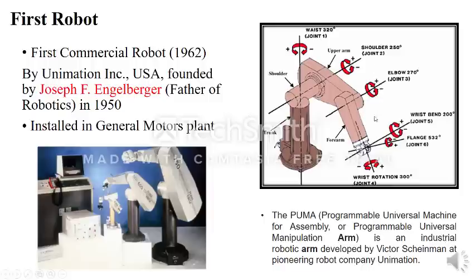We call this robot a Puma robot. What does Puma mean? It's a programmable universal machine for assembly. P for programmable, U for universal, M for machine and A for assembly. So this is called programmable universal machine for assembly, Puma robot, which was created by Unimation company and it was for commercial purpose. Anyone can buy and install it in the plant for their requirement.